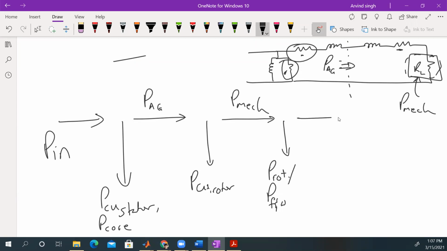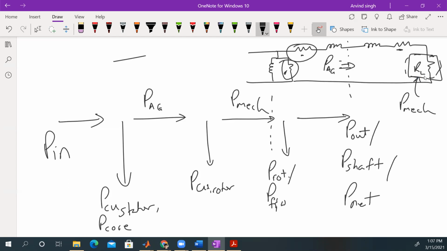And then after that, you end up with the output power, right? So this will be called the output power or the shaft power or the net power, anything like that, right? It is the power available to the user. And if you just remember this, and it coincides with your circuit diagram, well, up to this point at least, right?